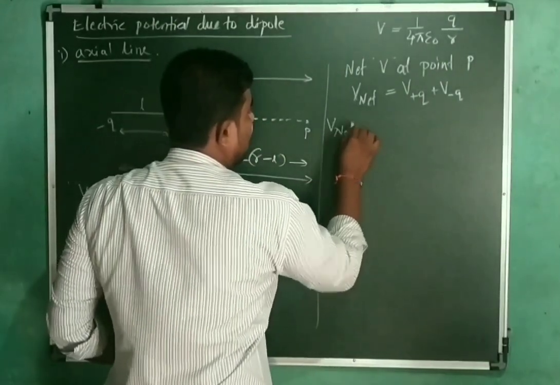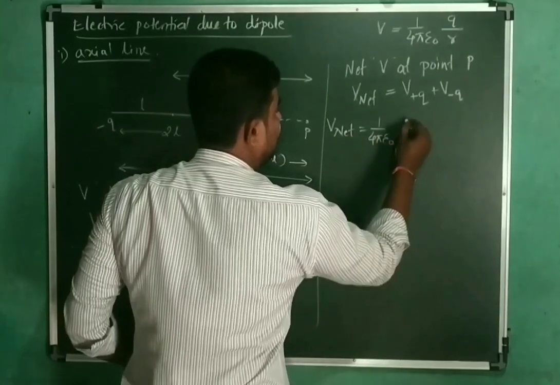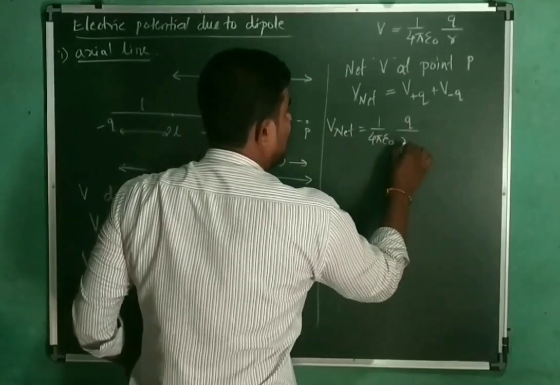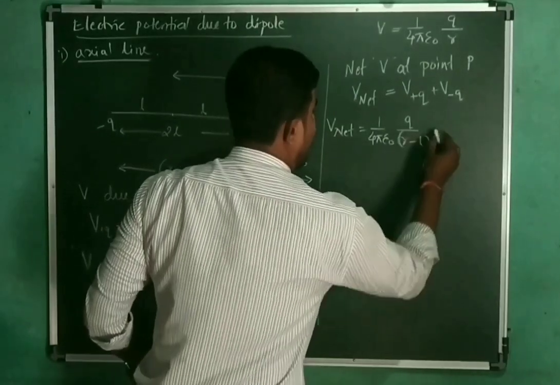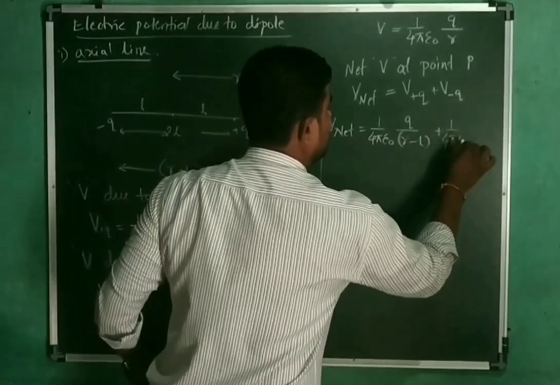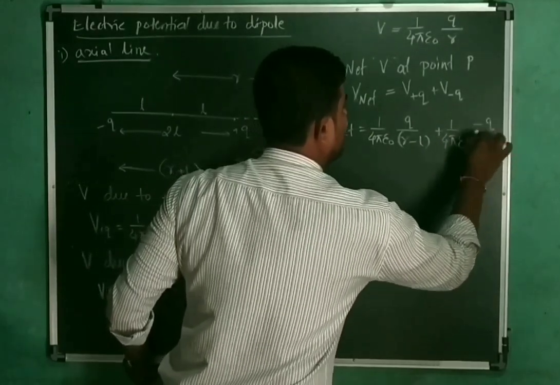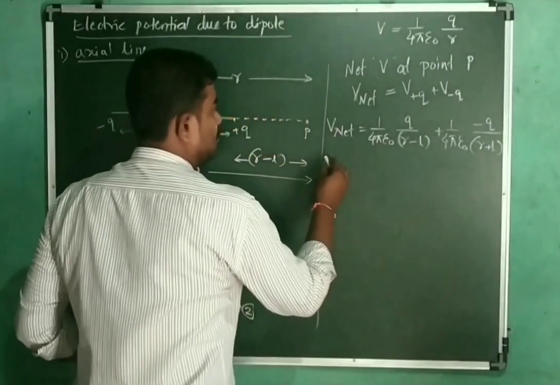Therefore V net is equal to 1 divided by 4 pi epsilon naught q divided by r minus L, plus 1 divided by 4 pi epsilon naught minus q divided by r plus L. In these two, what is common?